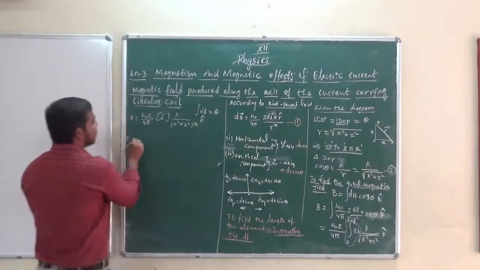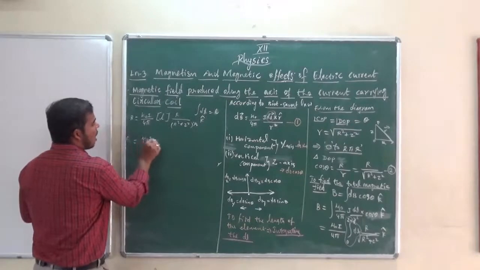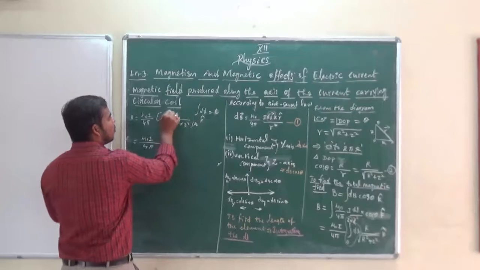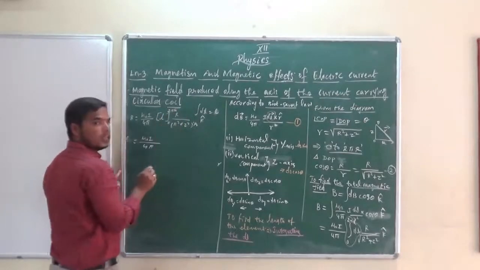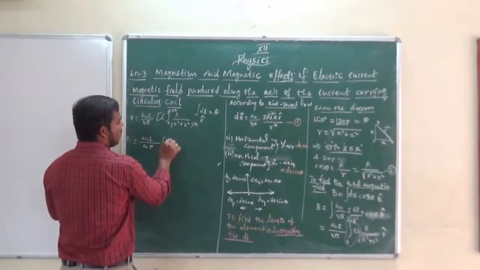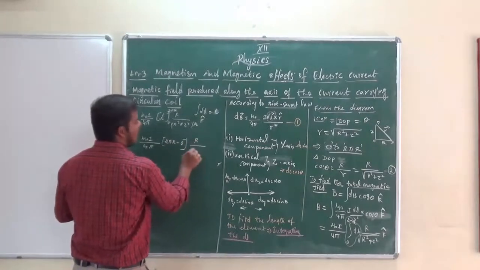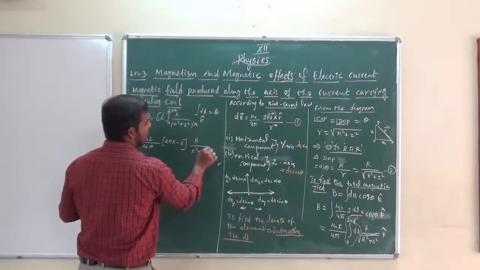Next, mu naught I divided by 4 pi. What are the limits? The upper limit is 2 pi r and the lower limit is 0. So 2 pi r minus 0, times r divided by r square plus z square to the power of 1 by 2, k cap.